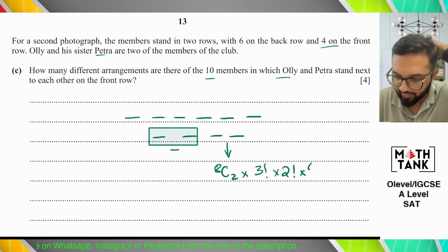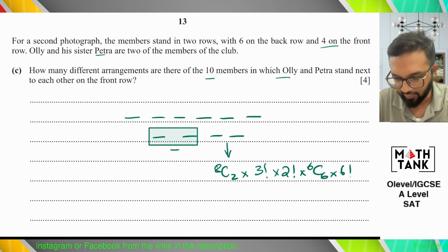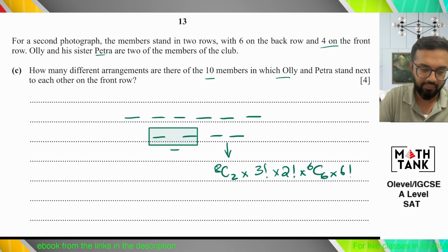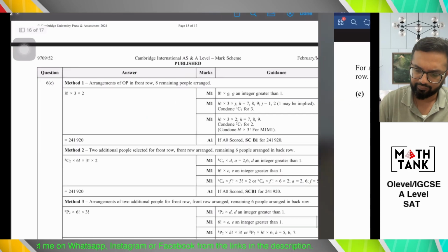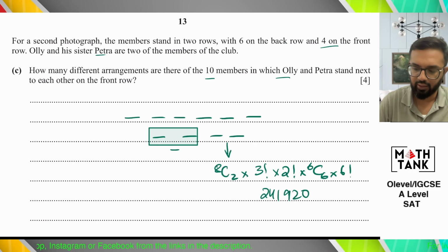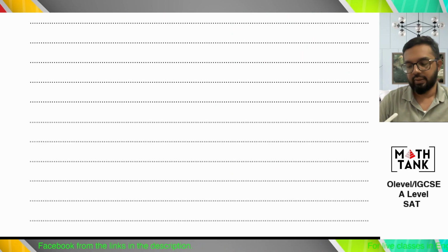The remaining are 6 in the back row, and then they shuffle around. Yeah, that's correct. Okay, that's the end of the exam.